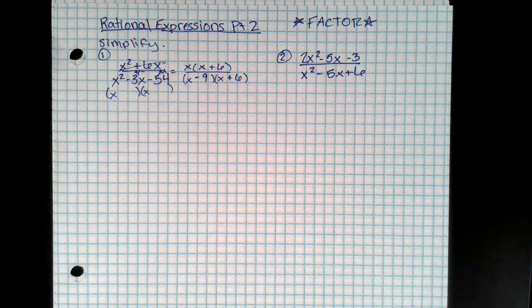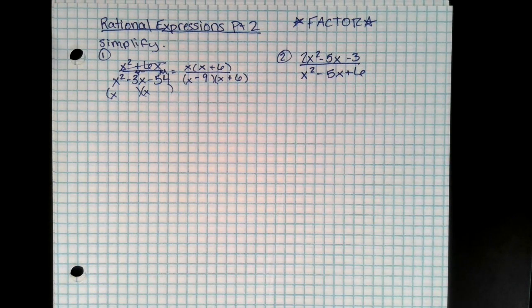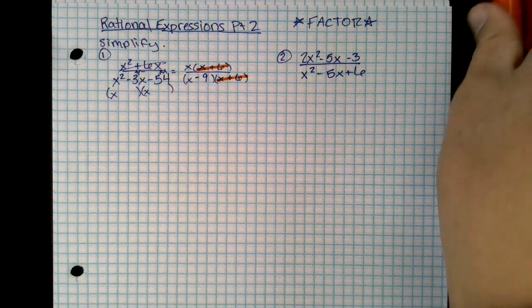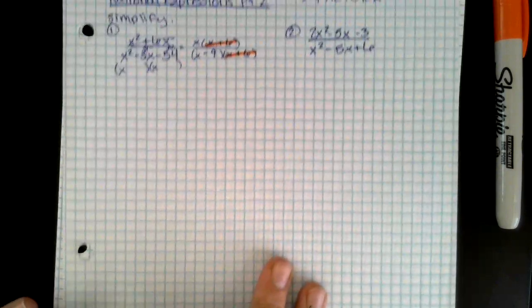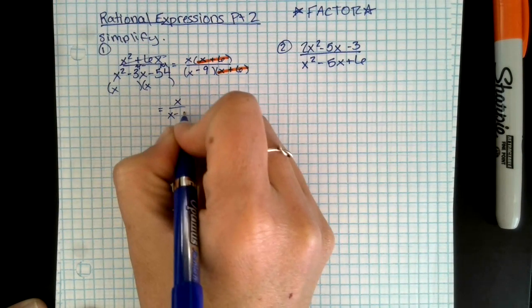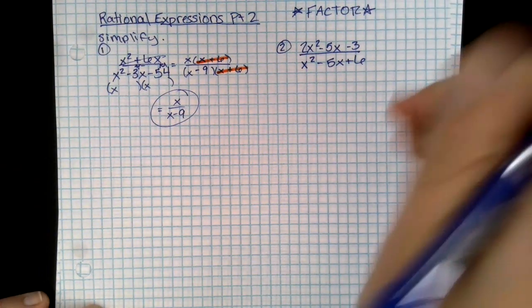And this works out really well now because you are going to notice that on top and bottom, you have the same thing. So this x plus 6, these can go away. So this simply becomes x over x minus 9. So that's our simplified form there.